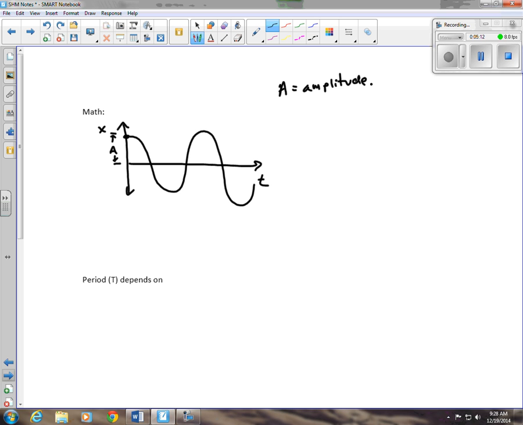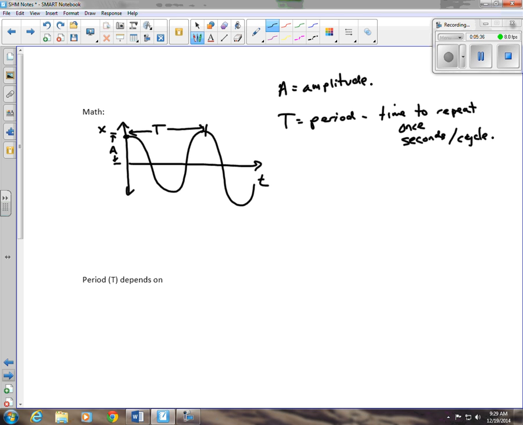Now, this time, for it to repeat, we're going to call the period. That is the time to repeat once, the seconds per cycle.